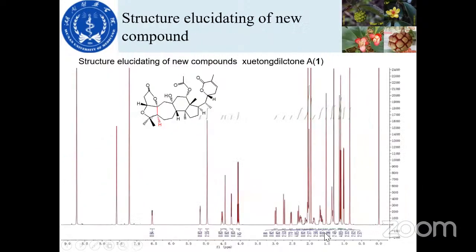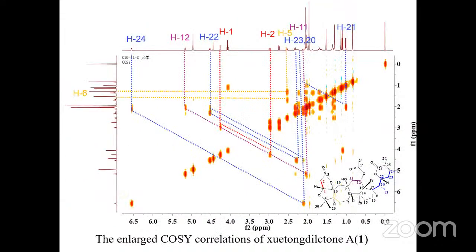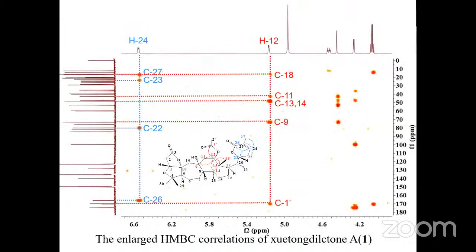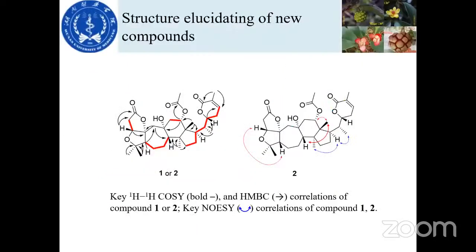So we come to elucidate the structures. We used both HRESIMS and proton and carbon NMR, also 2D correlations, HSQC and HMBC, to get the planar structure, and also ROESY spectrum to determine the relative configuration.